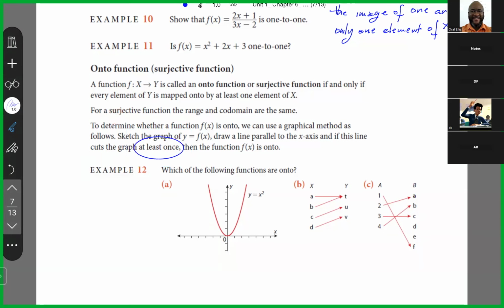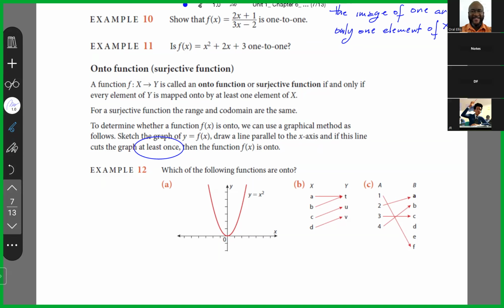All right. Now, that is important because remember, the same test is done to show that a function is injective. But in the case of the injective function, the line drawn parallel to the x-axis will cut the graph at most once.